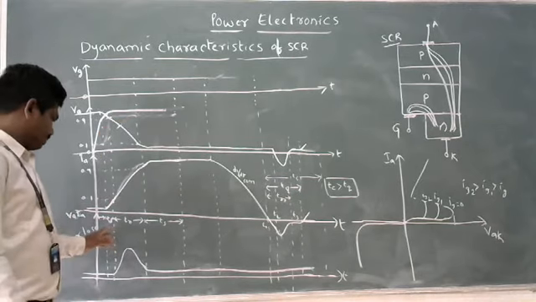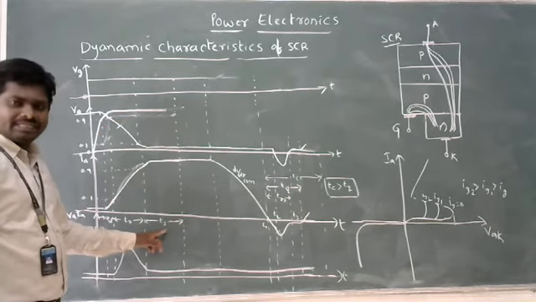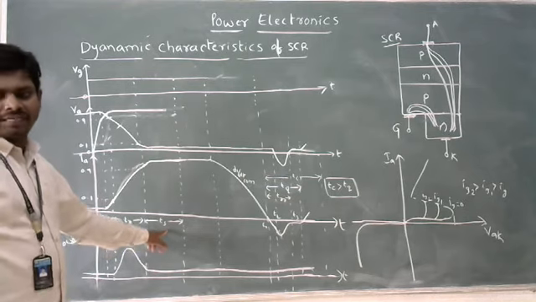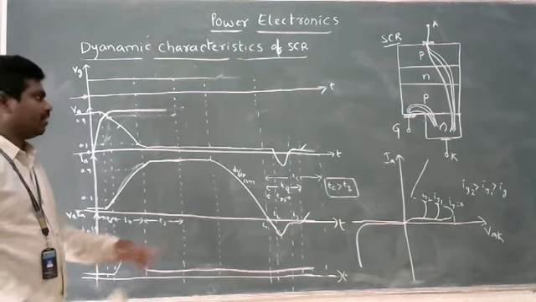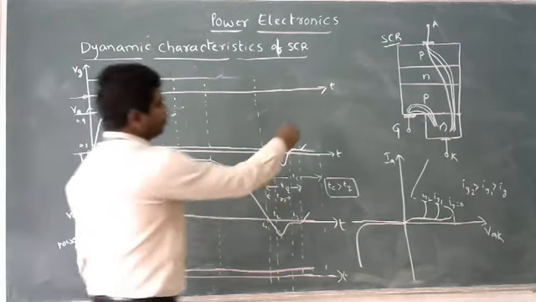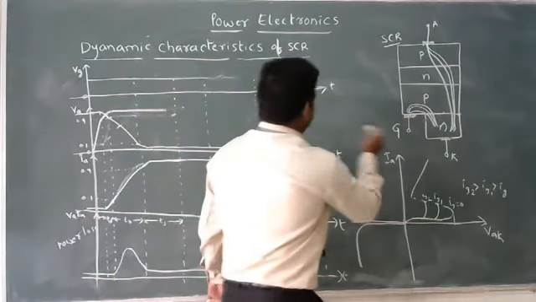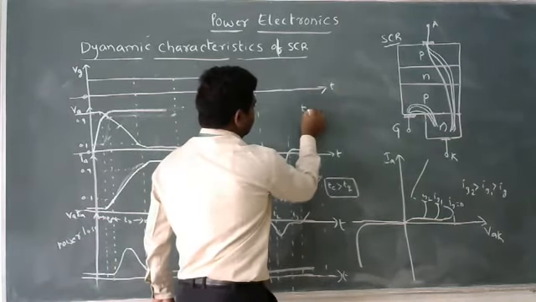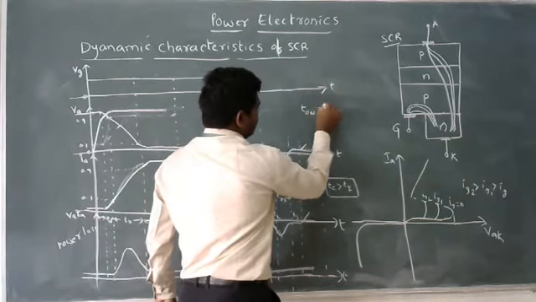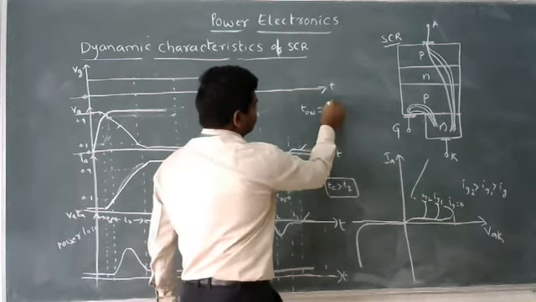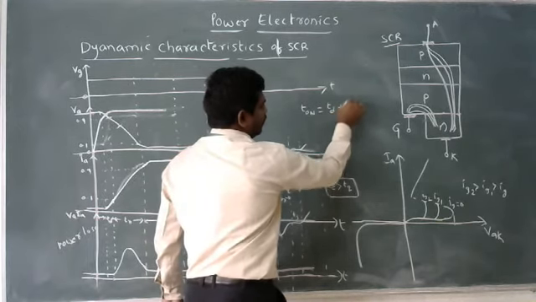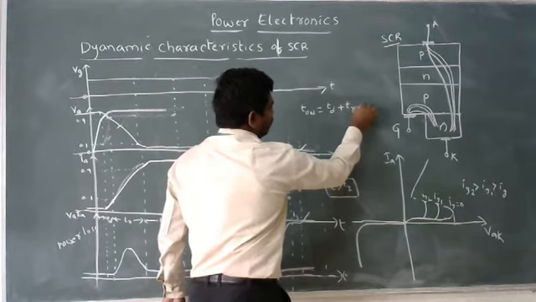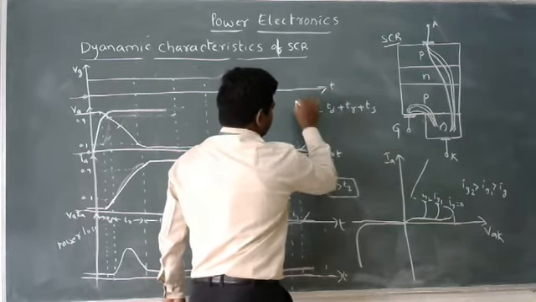Look at this. There are three timings that we can see for the on timings of the SCR. I am writing here: T on is equal to the summation of TD plus TR plus TS.